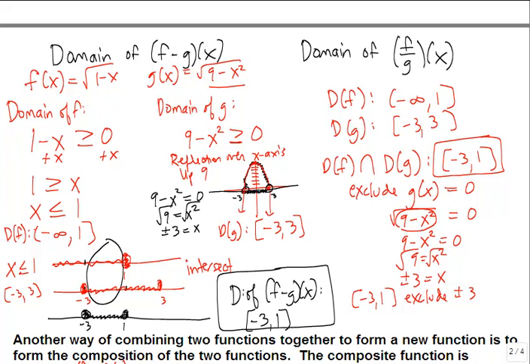So to exclude it, all we would have to do is use a parentheses around it, and now we're not including the -3 at all. We still want to keep the 1, so use a bracket around the 1, but we don't want the -3. So this would be the domain of f divided by g. So it looks very similar to the last answer. We've just left off the left endpoint.